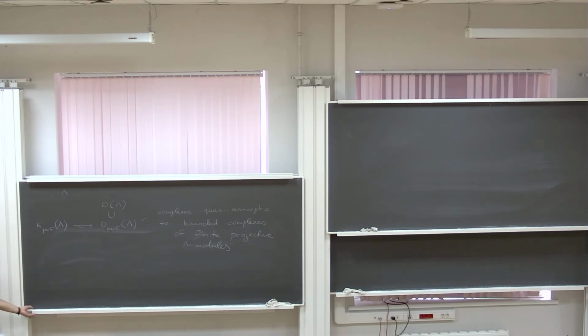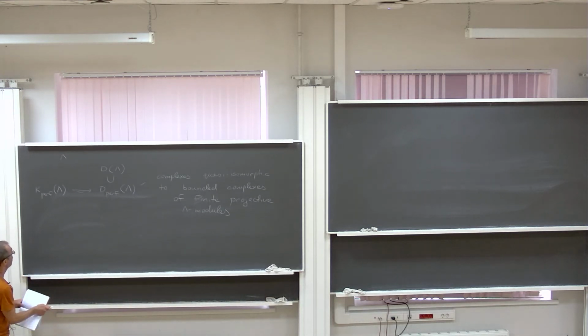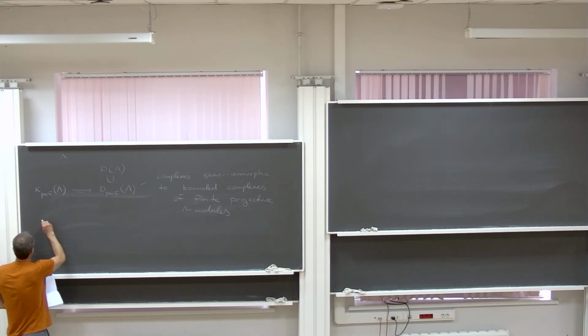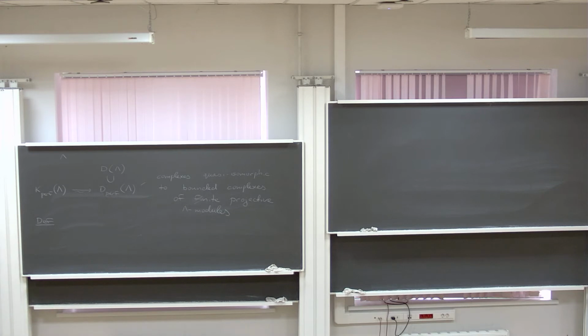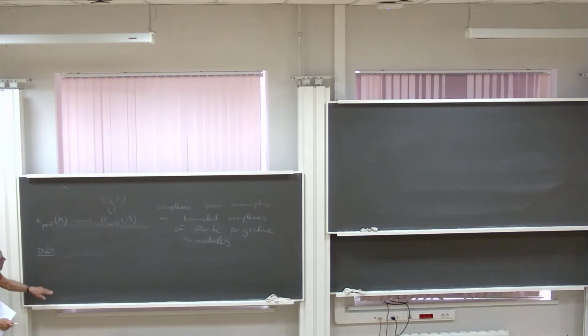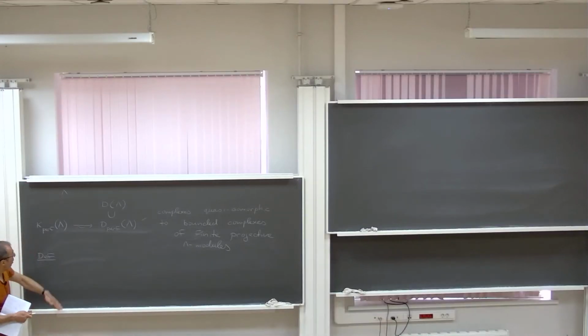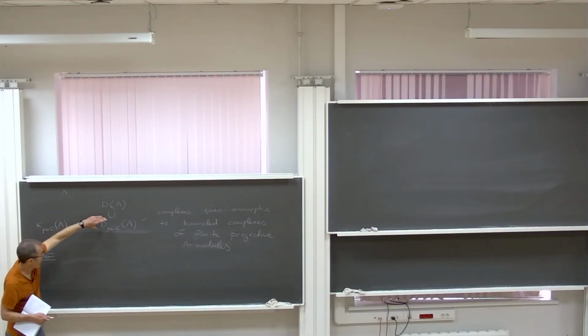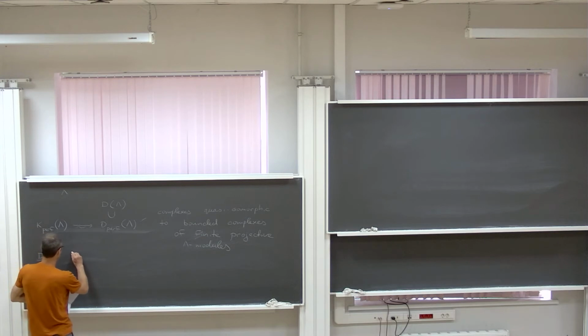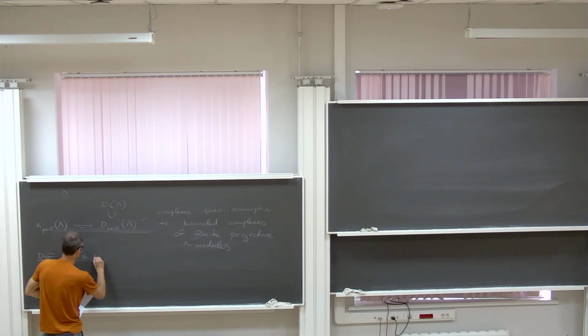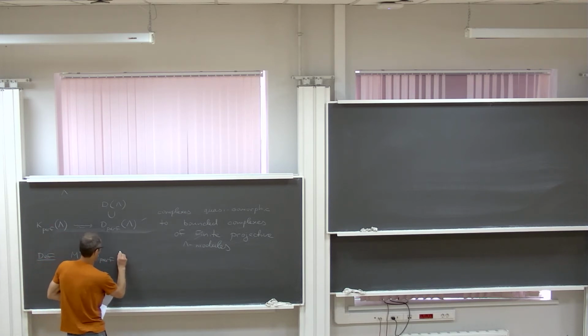So very good. And now we make a definition. I recall that our goal is to define the trace of an endomorphism of an object here. So suppose you have an object, a perfect complex of lambda modules.